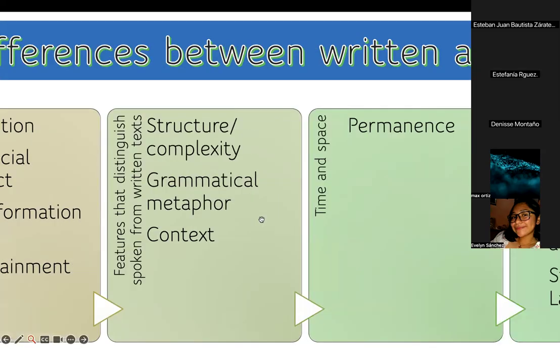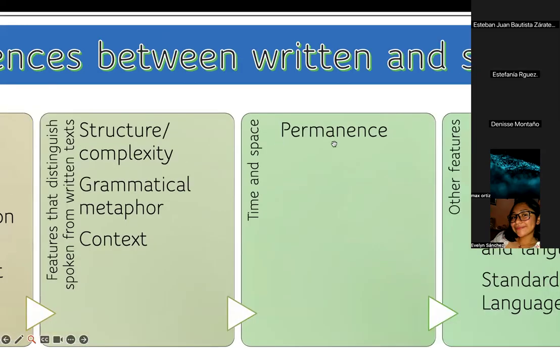And then the other part, time and space, especially permanence. Written text tends to be permanent. Why? Because if you edit a Word file, obviously, unless everything goes okay and it doesn't get damaged, the file will remain forever. And of course, books and other texts that are printed are permanent.